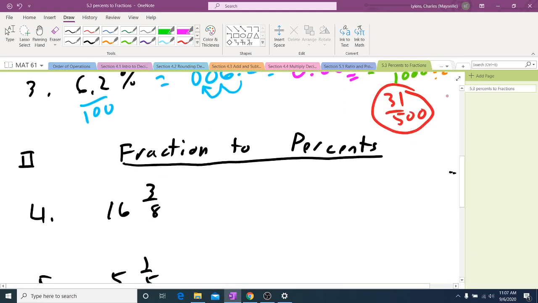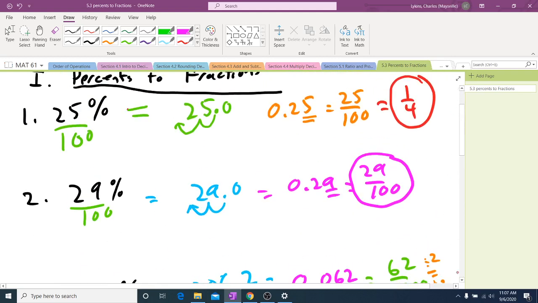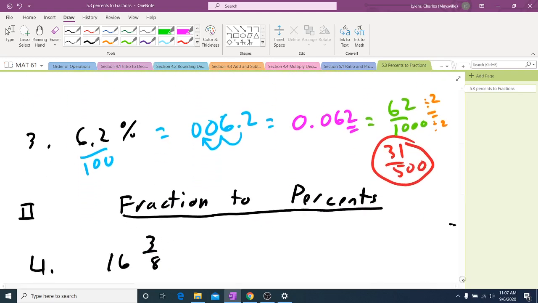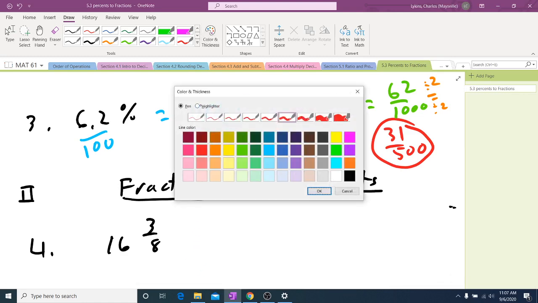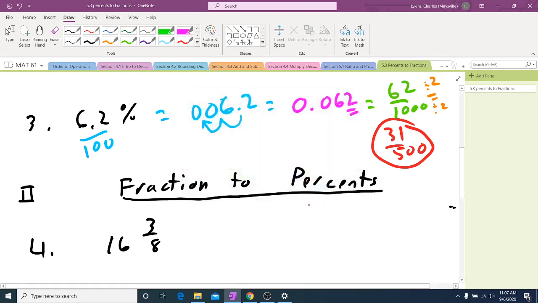Now, fractions to percents. Okay, so this is 16 and 3/8. So what is the percent on that?